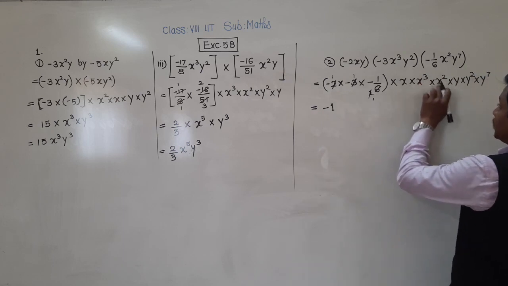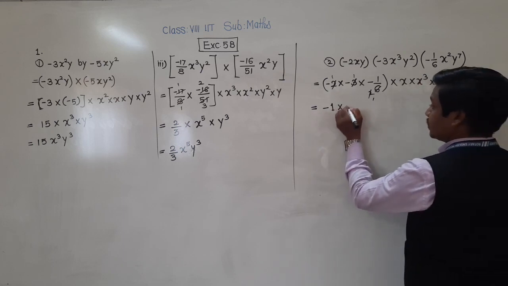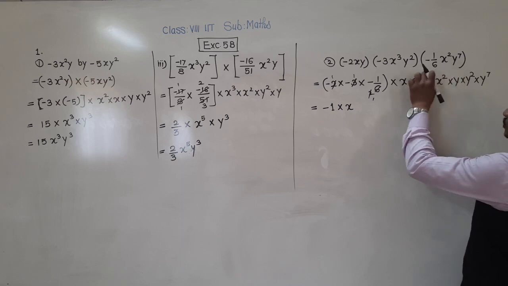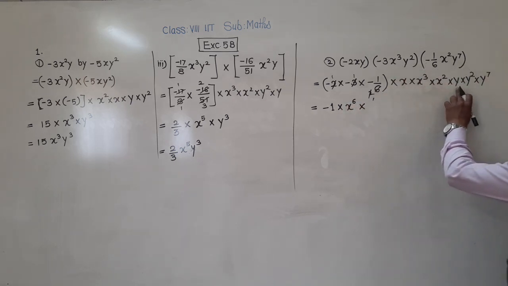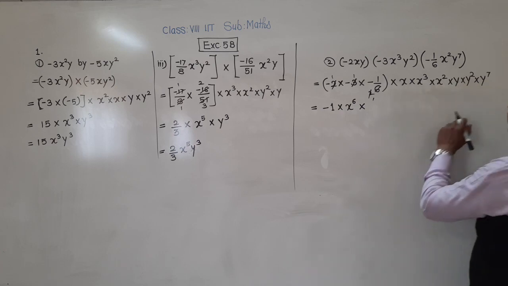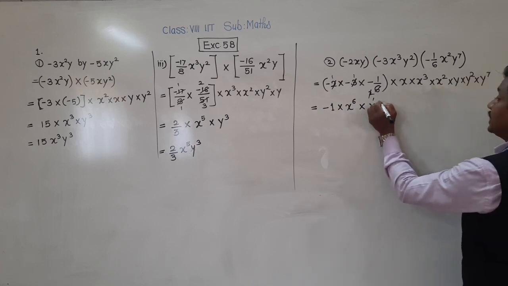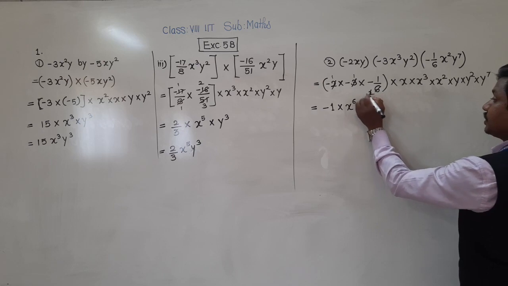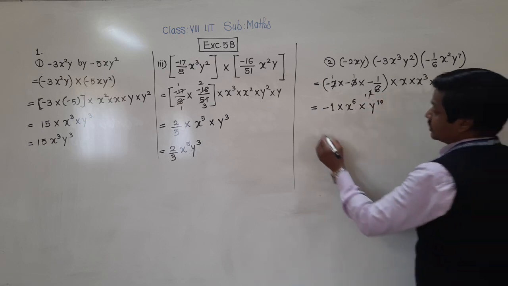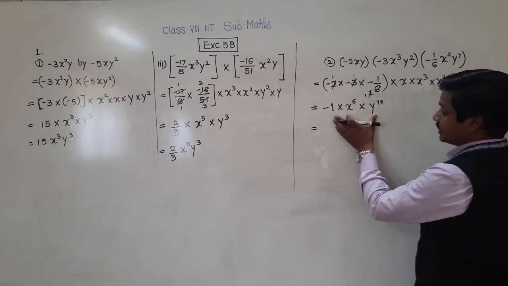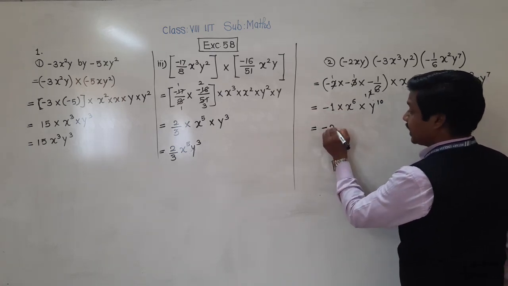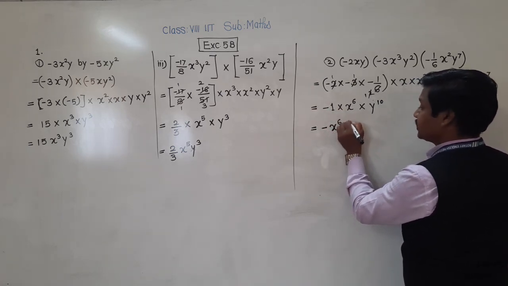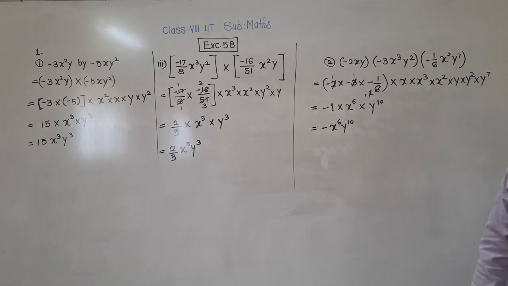X into x cube into x square becomes x, 3 plus 2 is 5 and 1 is 6, into y into y square into y raised to 7 becomes y raised to 10. Correct? Y raised to 10. So together combine the result. Minus 1 is there, that's why no need to write. X raised to 6, y raised to 10. This will be your answer.